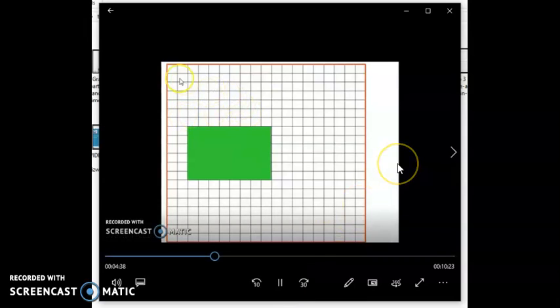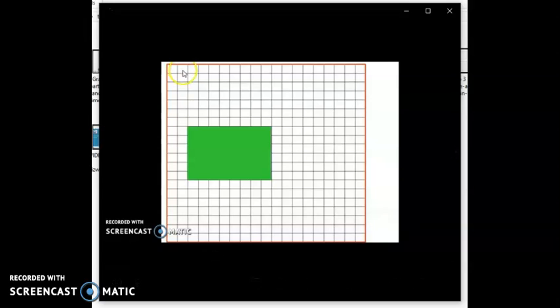Squares, and you know what, one square, two squares, there are too many squares here. One square is always 1 centimeter here. For perimeter we need to find the distance a shape covers.